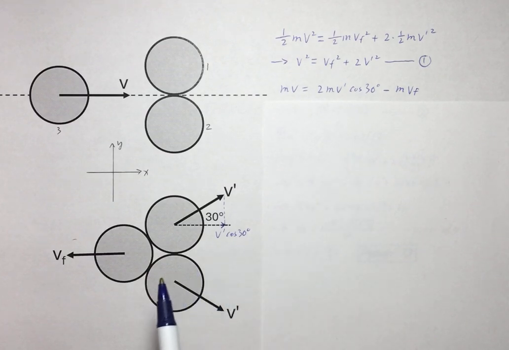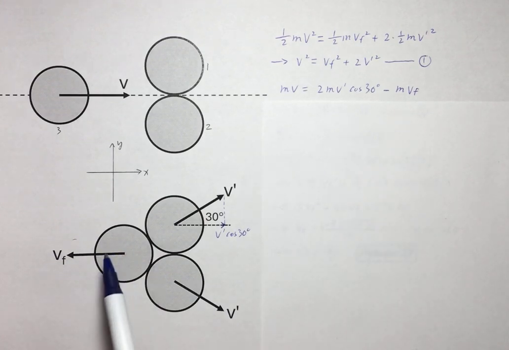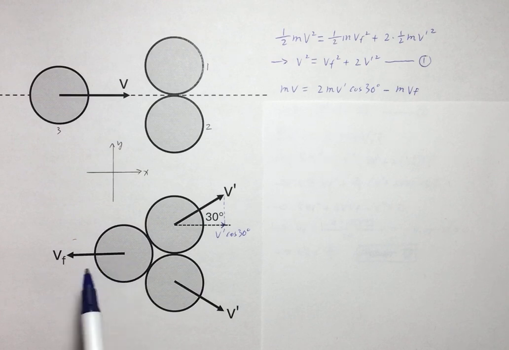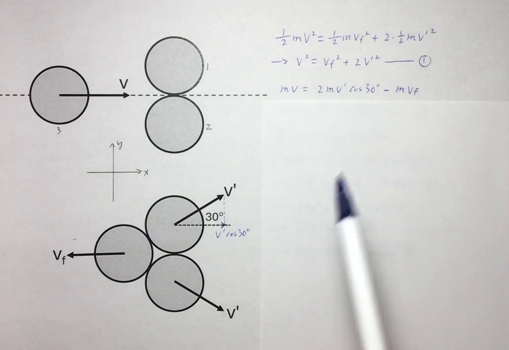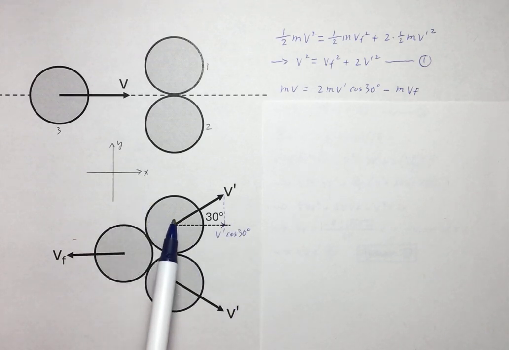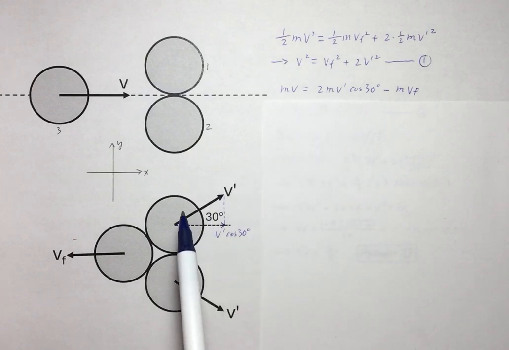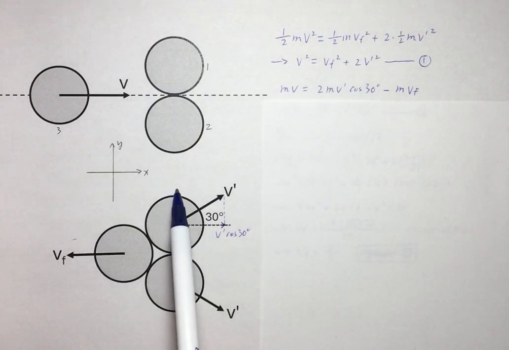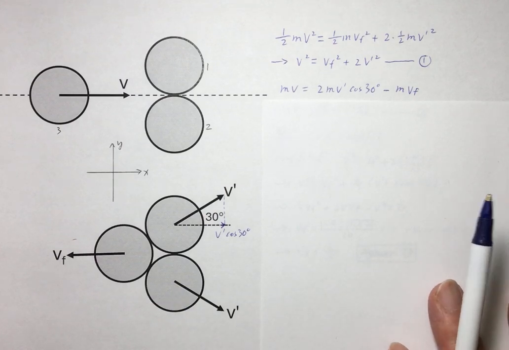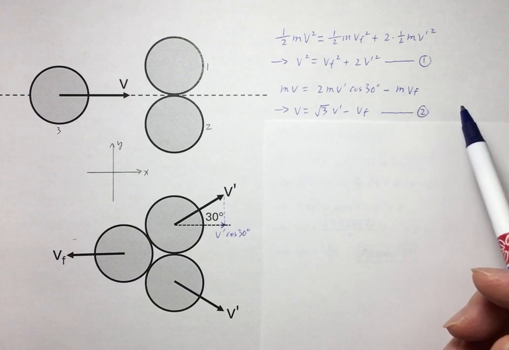After the collision, for the third disk, the momentum is minus m vf. For these two, the momentum along the x direction will be m v prime cosine 30 degrees, multiplied by 2. The momentum along the y direction cancels out. So we simplify the equation and get equation 2.